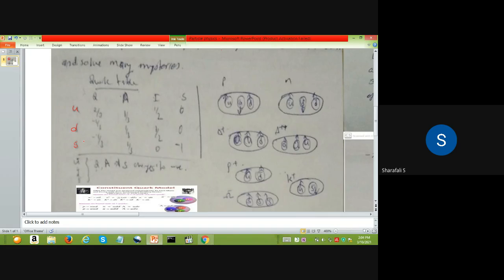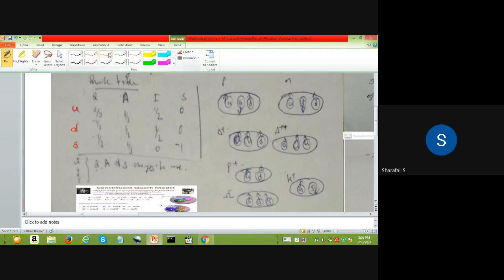And then we have top, bottom, charm, which we are not going to discuss here, but they are also there. Then we have color quarks, all those things. So these are the important ones, the up, down, and strange quarks. So this is the quark table.